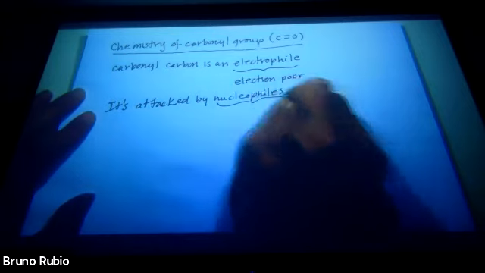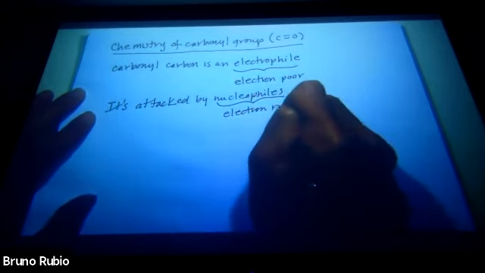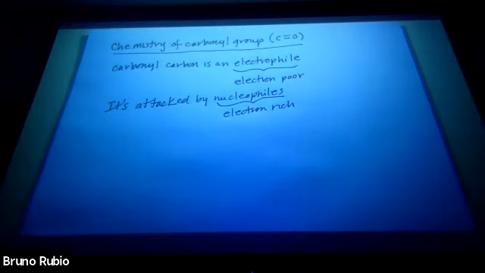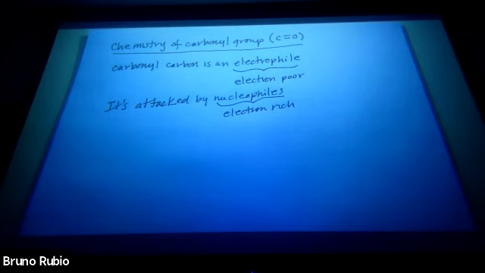And what's a nucleophile? Something that is electron rich. And I think possibly we talked about these at the last lecture, what some examples of electrophiles are and what some examples of nucleophiles are. So the carbonyl carbon is an electrophile and it's attacked by nucleophiles.